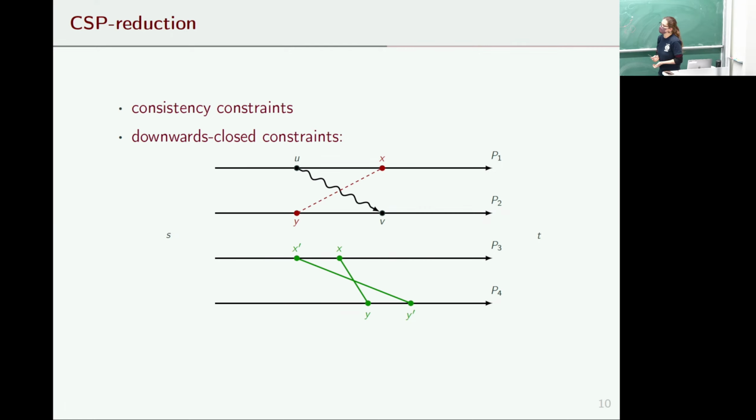And now we can look a little bit at how the paths relate to each other and what possible combinations of variable choices we cannot have.